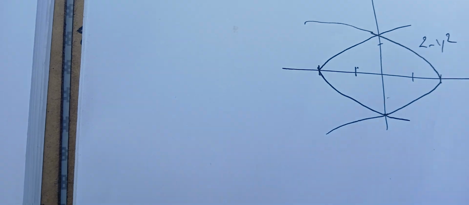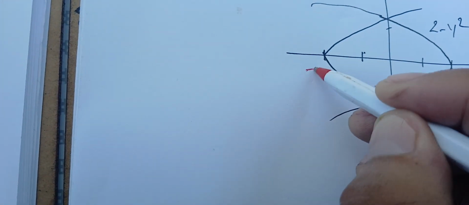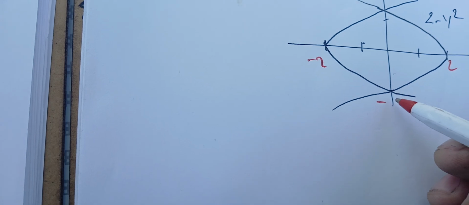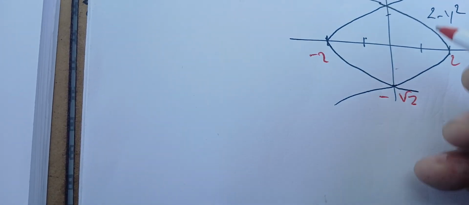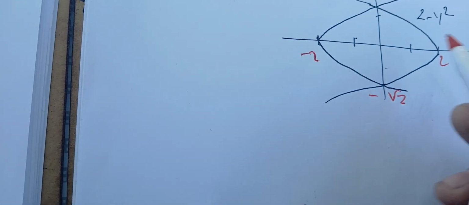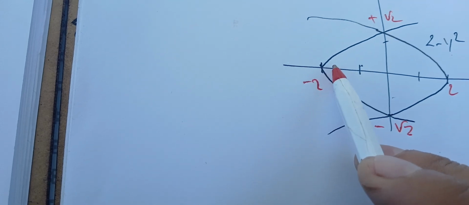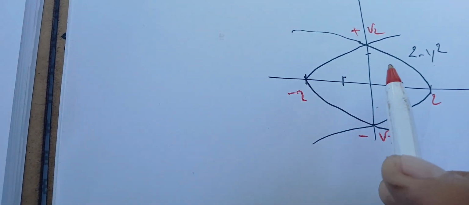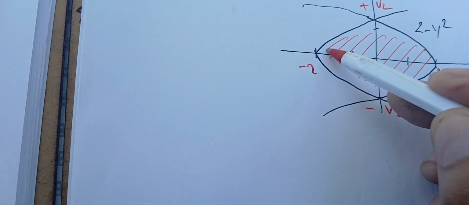Now, this is minus 2, this is 2, this is minus square root of 2, and this is plus square root of 2. When x is 0, y is 2 or minus 2. We want to compute the area enclosed between the two.